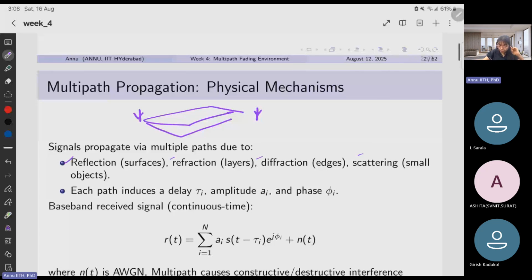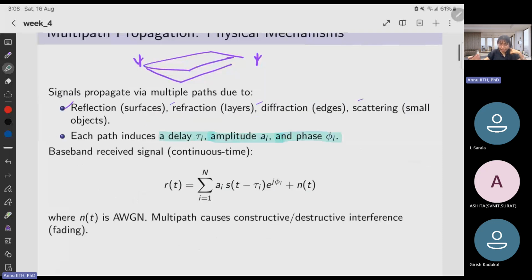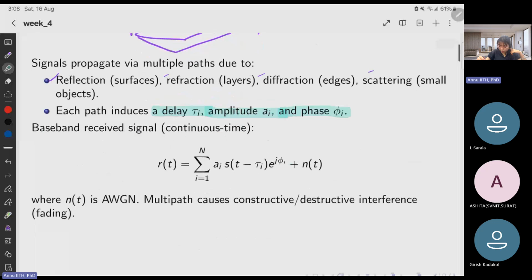So what exactly it does, it has delay, amplitude A_i, and phase phi_i. Three things are there. So the baseband signal received, in continuous time, is r(t) equals summation of i equals 1 to N A_i s(t minus tau_i) e power j phi_i plus n(t).